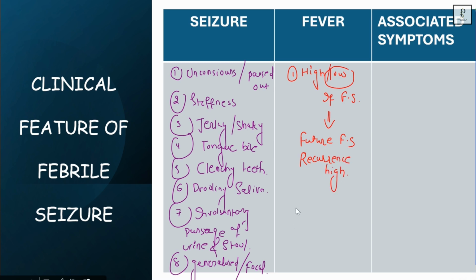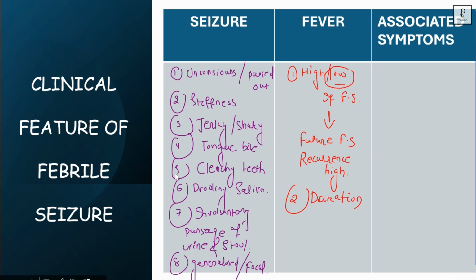Okay. So if at low fever the child is developing seizure, the chances that the child will develop febrile seizure in future are more. Also, the second point is to ask about the duration of seizure. What is the duration of fever?